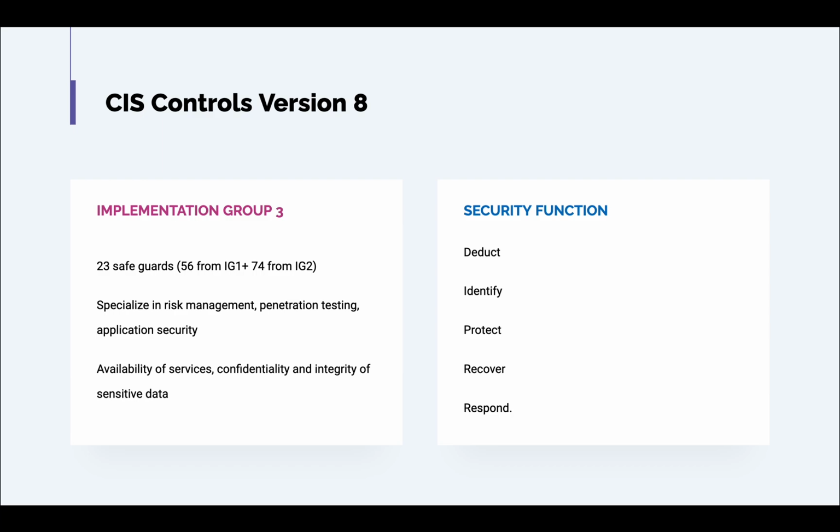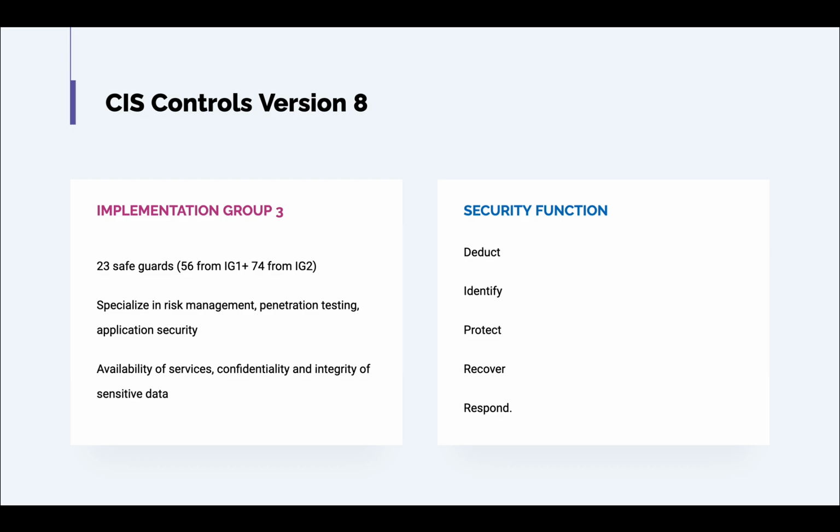An implementation group 3 enterprise must address availability of services and the confidentiality and integrity of the service data. Successful attacks can cause significant harm to the public welfare.